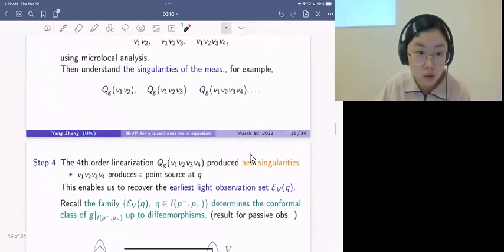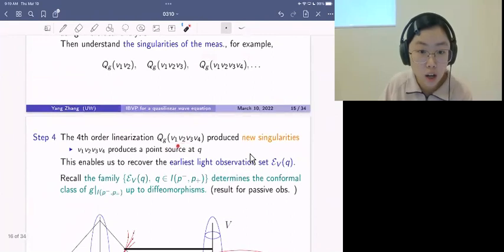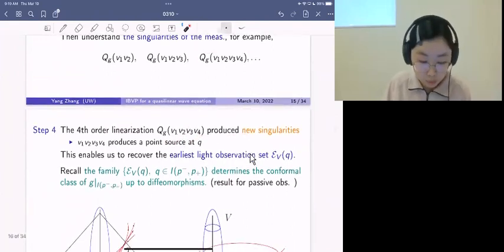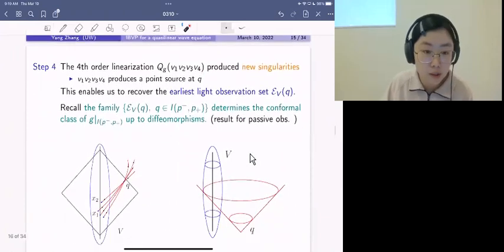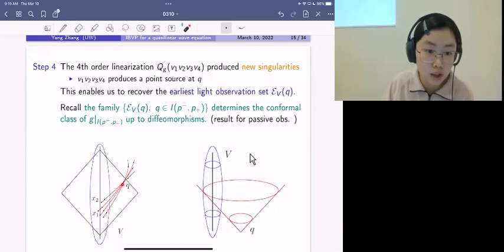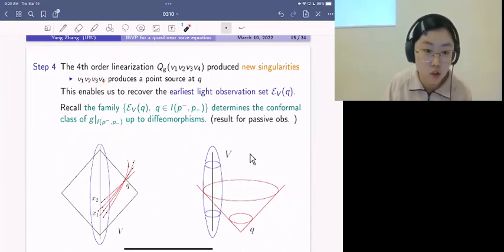So it turns out the fourth order linearization term will give us some new singularities. This is because for any point q in this diamond set, if we choose the 4 null geodesics properly, so that these null geodesics intersect at q and satisfy some properties, then the distorted plane waves that propagate near these null geodesics will produce a point source at q.